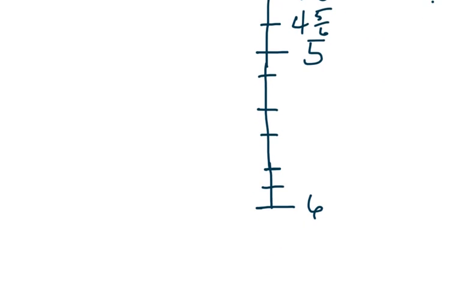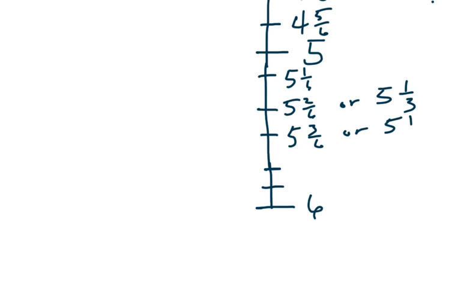Then here we have 5 and 1/6, 5 and 2/6, or 5 and 1/3. Then we have 5 and 3/6, or 5 and 1/2. 5 and 4/6, or 5 and 2/3. Then we have 5 and 5/6.